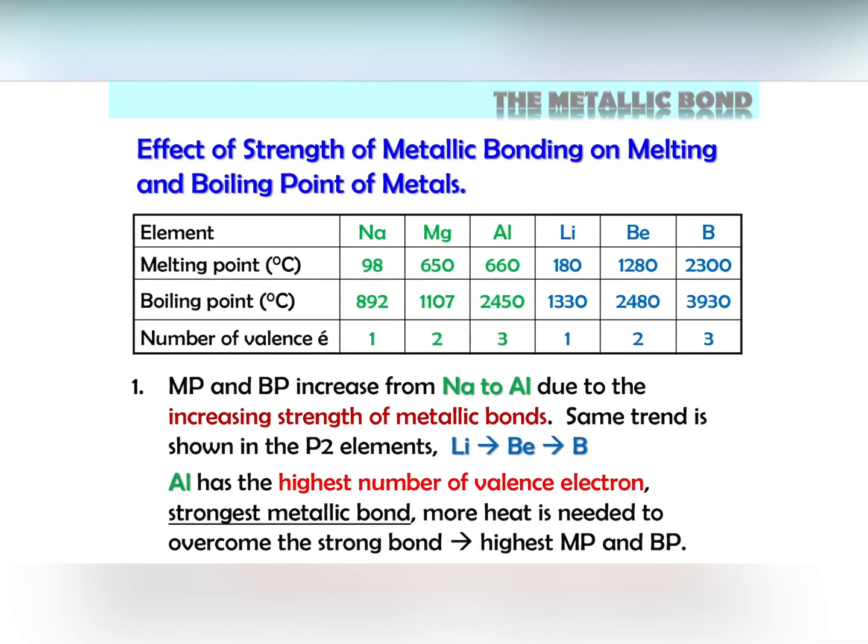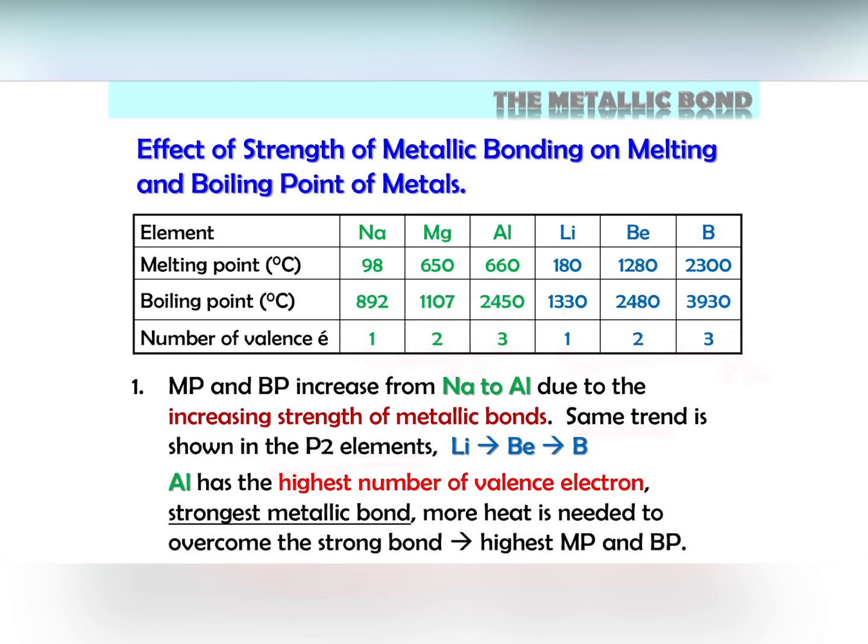Okay, so kalau kamu tengok, let's have a look at this explanation. So, melting point and also boiling point increase from sodium to aluminium. This is because of increase in the strength of metallic bond. And the same trend is shown in period 2. So, ini tadi period 3. This is in period 2. Okay, same trend.